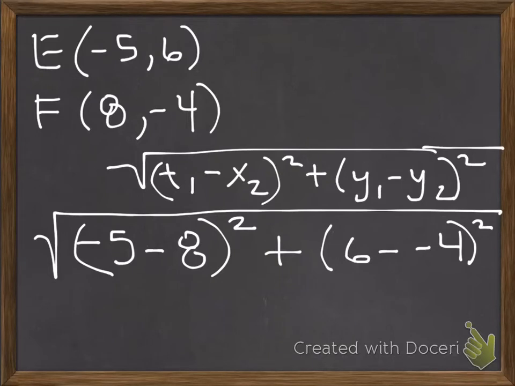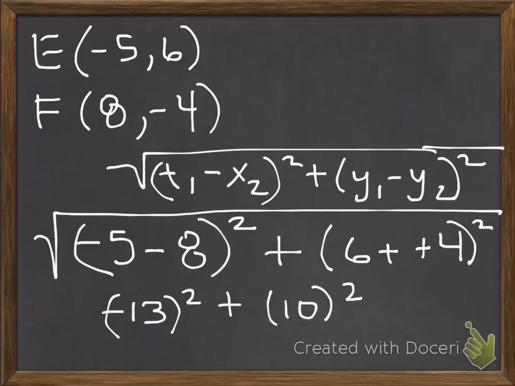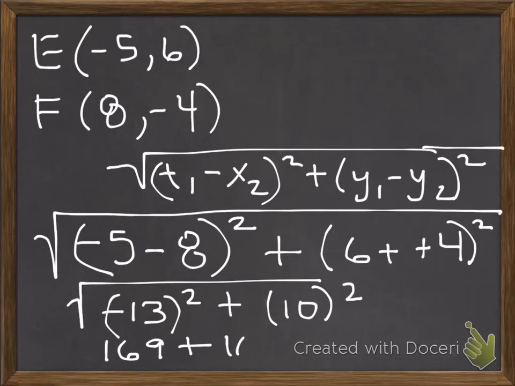So negative 5 minus 8 is negative 13 squared. 6 minus negative 4 is 10 squared. So negative 13 squared is going to be 169 plus 10 squared, which is 100.